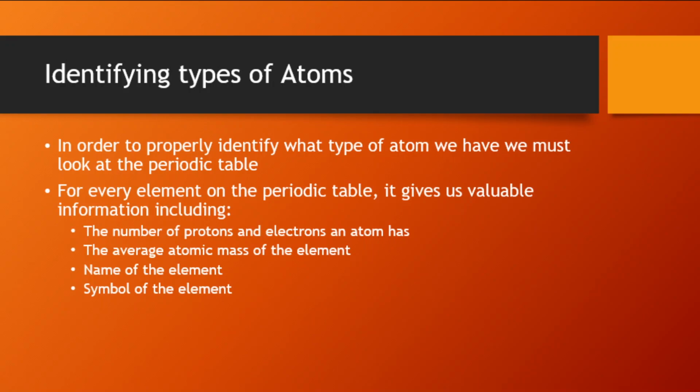For every element, it gives us valuable information: we can figure out the number of protons and electrons that a specific atom has, the average atomic mass, the name of the element, the symbol of the element, how many energy levels an atom has, and how many valence electrons it has.